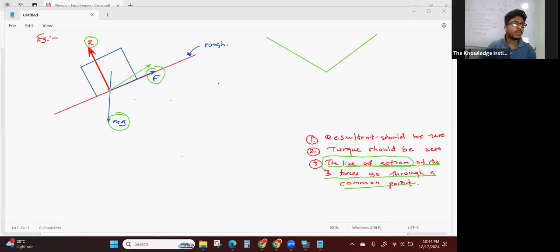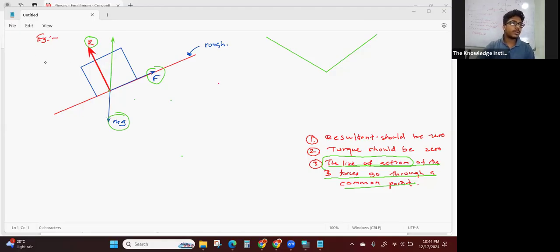Now you know how to find the resultant of two perpendicular forces. Based on the F and R values, the magnitude will change. If it's in equilibrium, then definitely the resultant will be exactly opposite to mg.